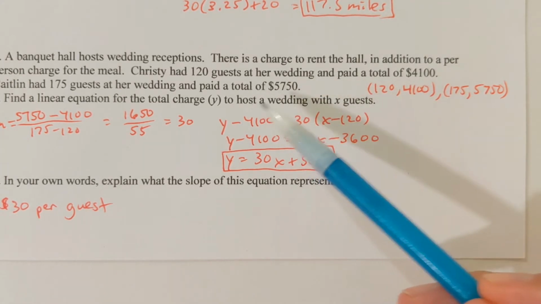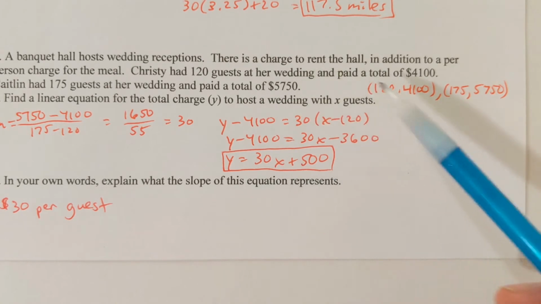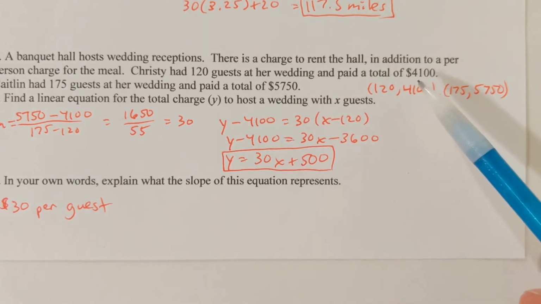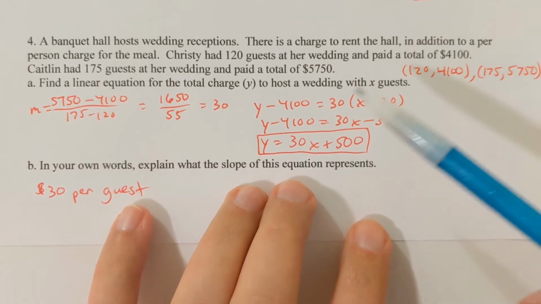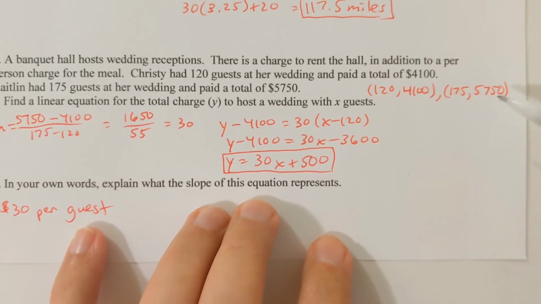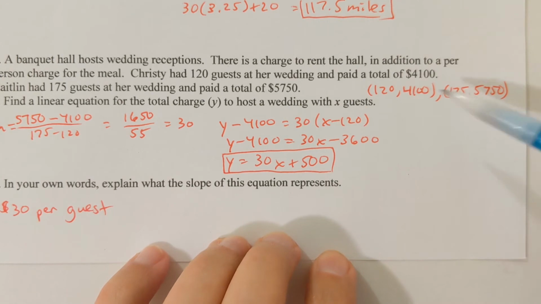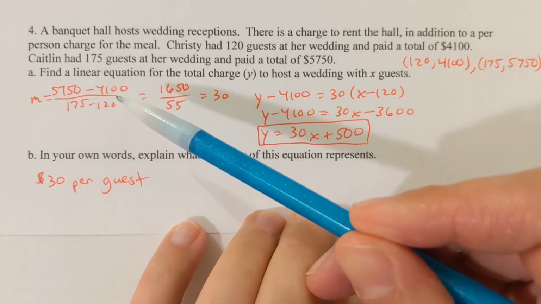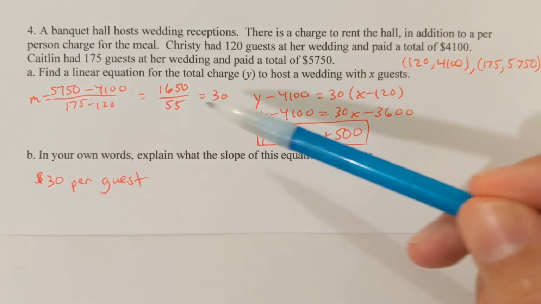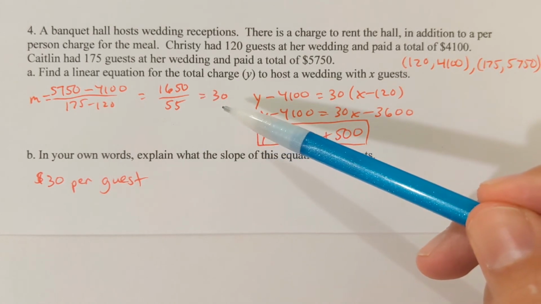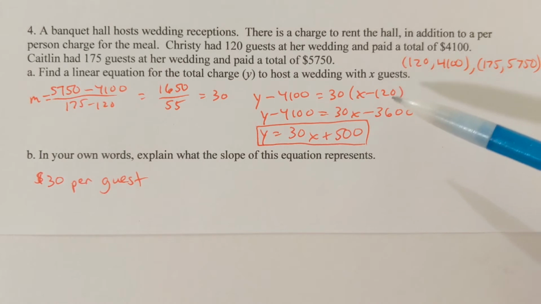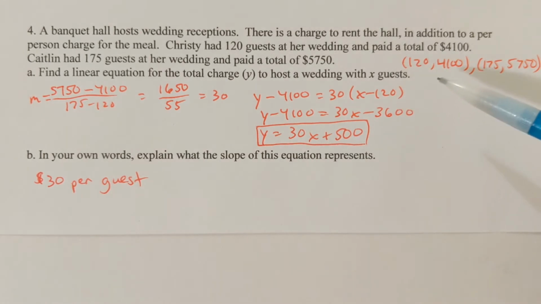And I get that information directly from the number of guests and the price paid for the total there. So y2 minus y1 over x2 minus x1. I've got that written. And that gives me 1,650 divided by 55, which is 30. I can use either one of these points now.